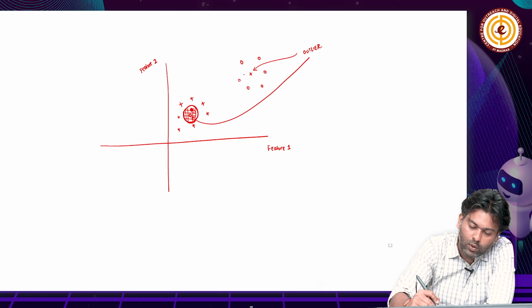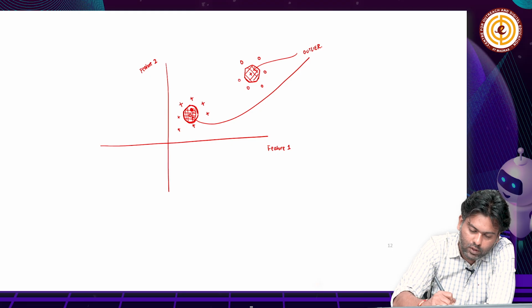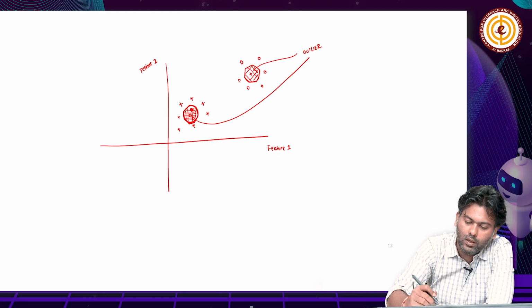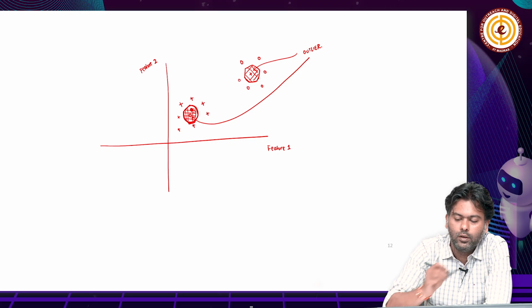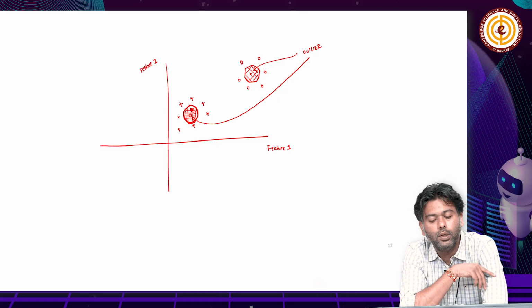Similarly, there will be some region here, it will not be a circular region, it will be some kind of polygon like this, but that does not matter. The point I am trying to make is that there will be this checked region, and this will also be a polygon of sorts. If you get a test data point there, you are going to make a mistake.